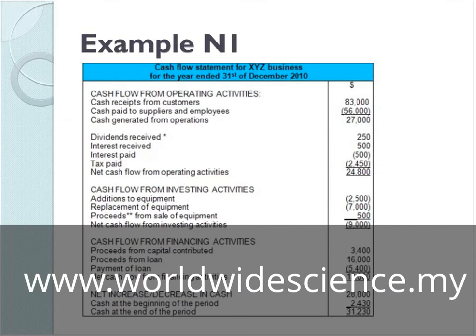Let's see example number 2, which gives us a clearer picture of the cash flows of any company. Just an example, cash flow statement for XYZ business for the year ended 31st of December 2010. Okay, let's see what we have. First, cash flow from operating activities.